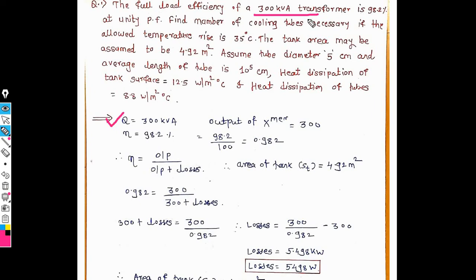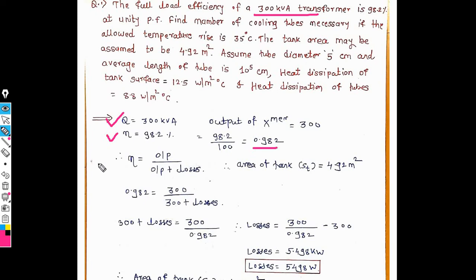Then full load efficiency is given, that is 98.2. That means the efficiency of the transformer in percentage is 98.2 upon 100, so calculated efficiency is 0.982.